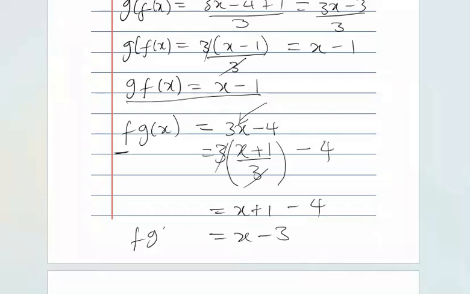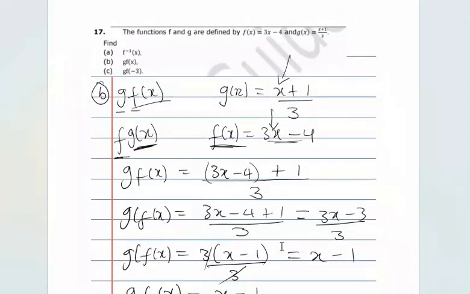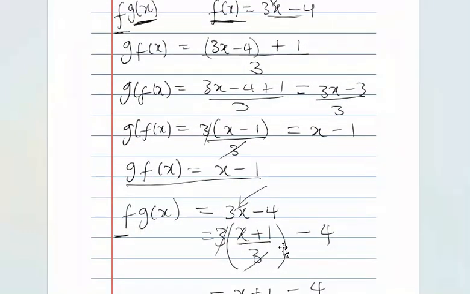So please bear in mind, when I write like this, first begin with the equation here, then where there is x, substitute the equation for this function which is here. So we've solved this. Our question was here. This is our part B. We've solved part B. This is g of f of x.